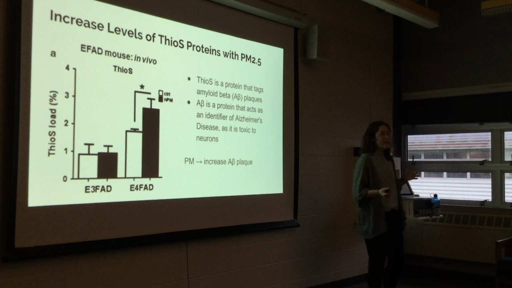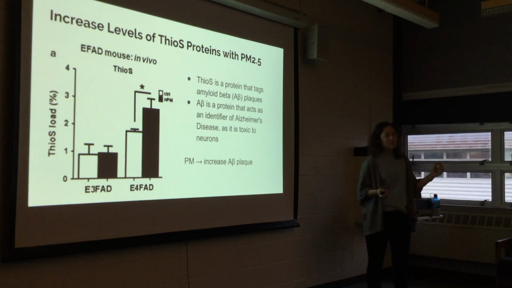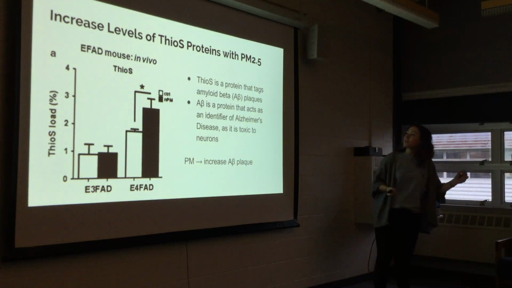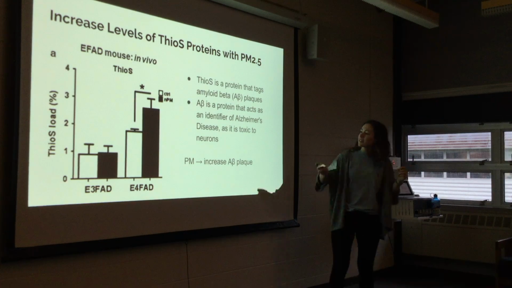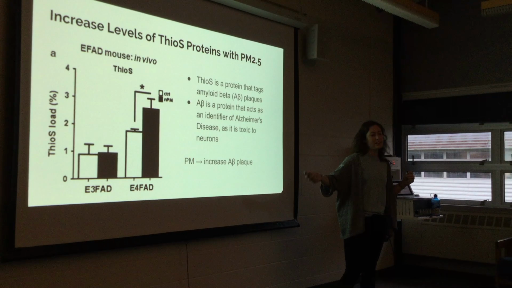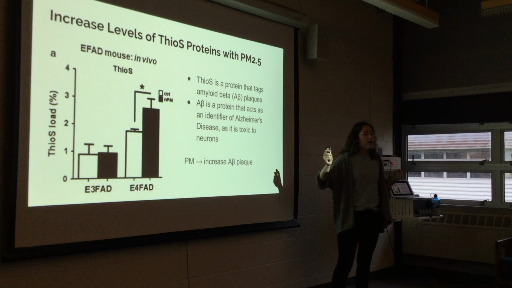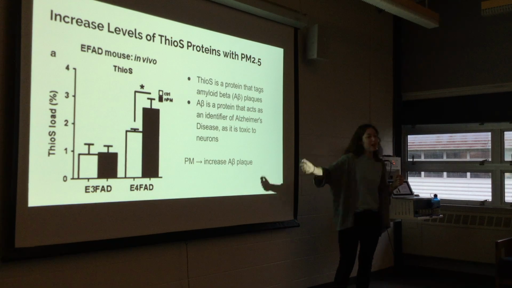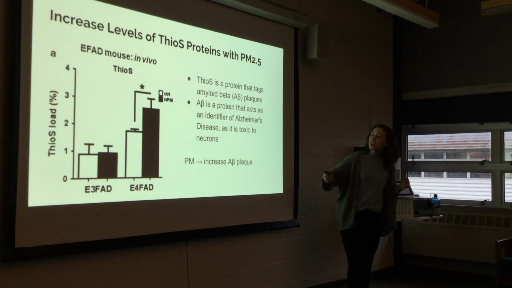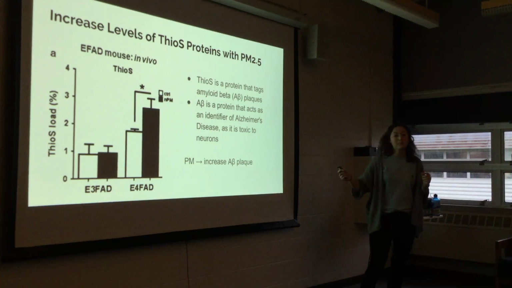And so this paper is trying to see how PM 2.5 will affect older women. They subjected 2 mice, E3FAD and E4FAD, both female mice, to 15 weeks of exposure to PM 2.5, and they tested the level of A beta plaque.